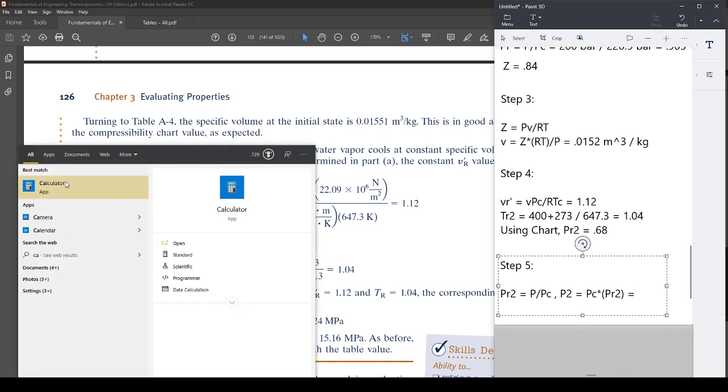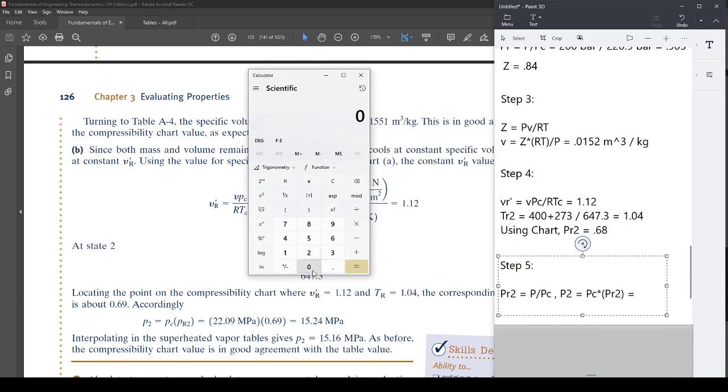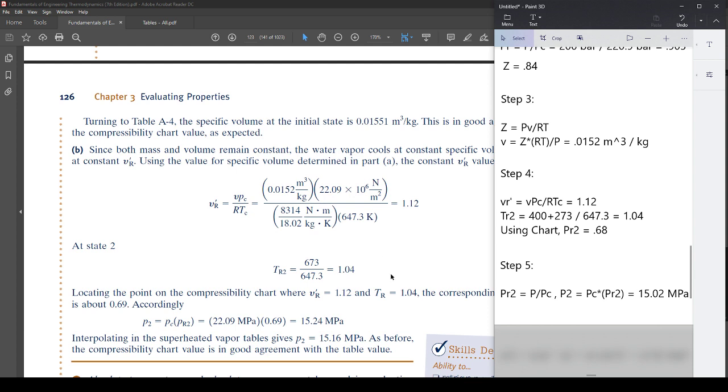Let me see, calculator. So 22.09 times 0.68, and you end up with 15.02. This is MPa. So 15.02 MPa. So that right there is the pressure at state 2.